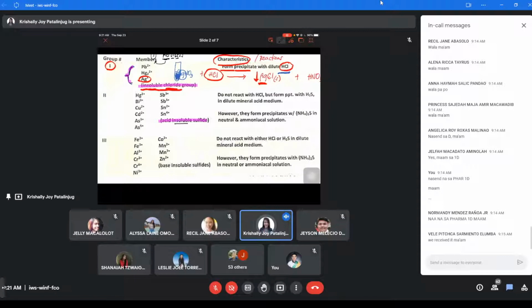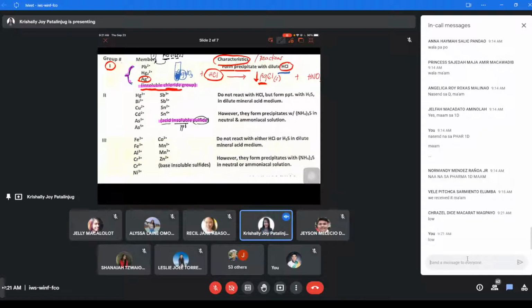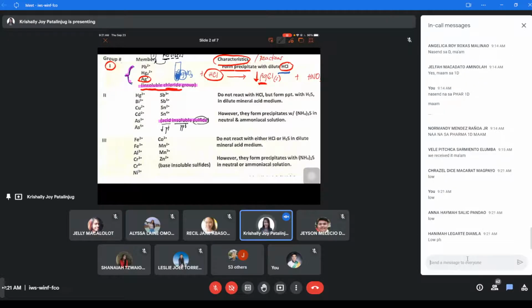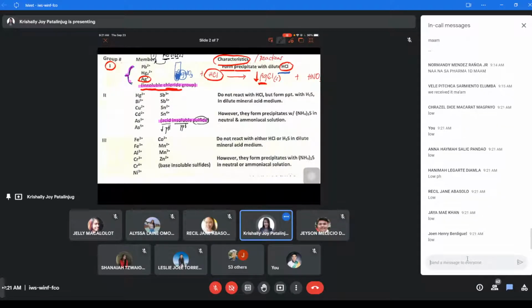Insoluble meaning they form a precipitate when they are added with sulfide compound in an what environment? Acid or base? Ano sabi? Acid. Question, kapag acid, low pH, high pH? Acid is very good. So low pH. So yan yung tandaan nyo kapag group 2 cation.